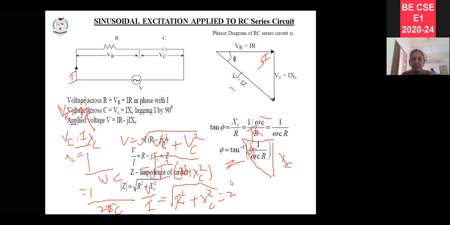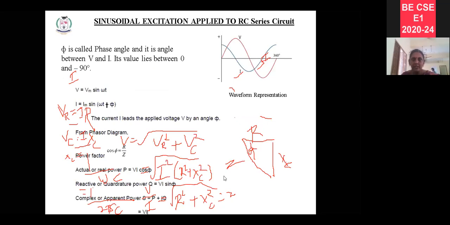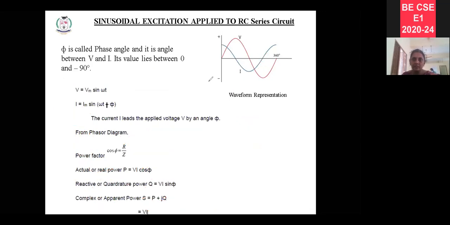Now, one more thing we have to define. I have told you that in a capacitance circuit, the current leads the voltage by 90 degrees.